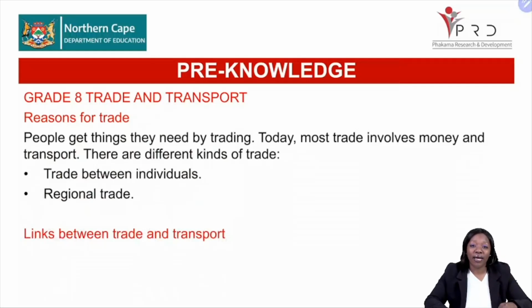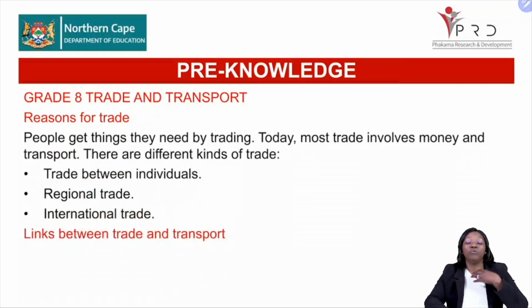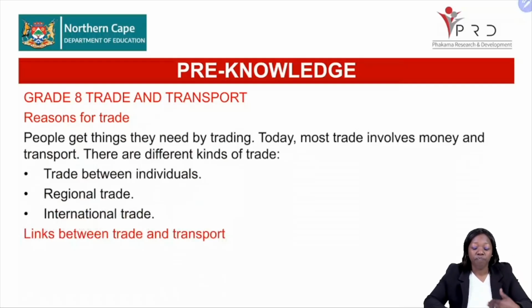There is one item or good or service that is in one province, and another province needs it. That is regional trade. And then we're looking at international trade, between countries. We call it international trade. Remember, we learned this in grade 8.